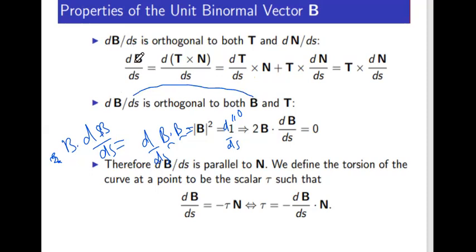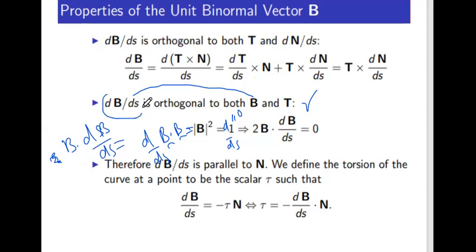And we know that dB by ds is perpendicular to T. Yeah, so this makes sense. So dB by ds is perpendicular to both B and T.